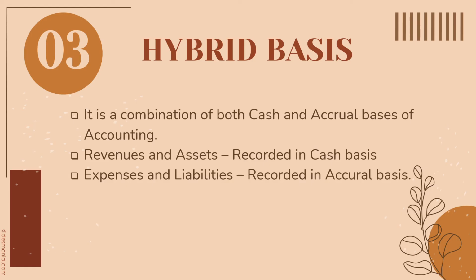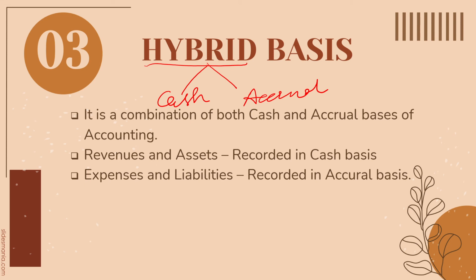The third one, as the name suggests, is called the hybrid basis. That is, it includes both cash as well as accrual. In some countries they follow a hybrid system, which is a combination of both cash and accrual. So it is very tedious to account, and they should have their own rules to record.